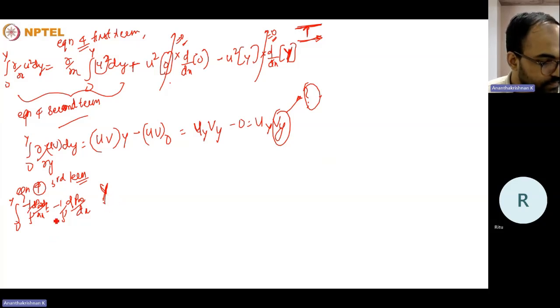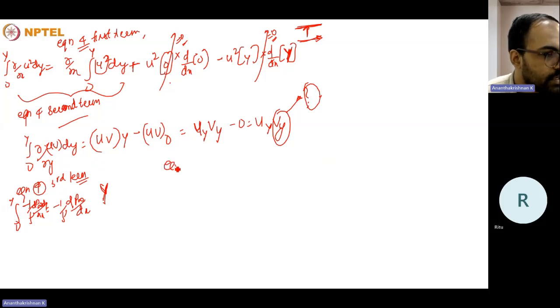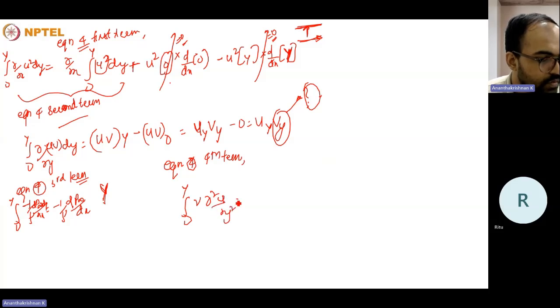And the fourth term is the term that you need to integrate, but the derivative is of y, and on the right hand side the integration is also with respect to y. So it's straightforward. The fourth term will become integral of 0 to y mu dou squared u divided by dou y squared dy, is equal to, take mu outside, dou u by dou y at y minus mu dou u by dou y at y equal to 0.